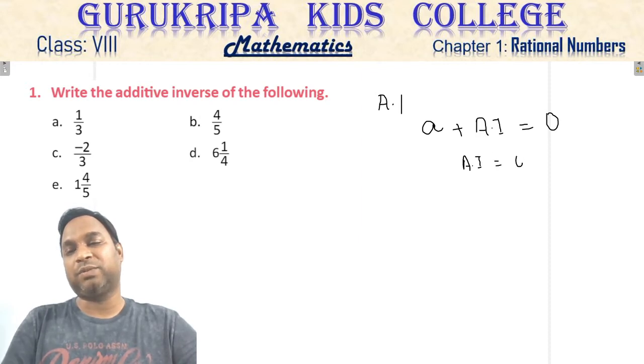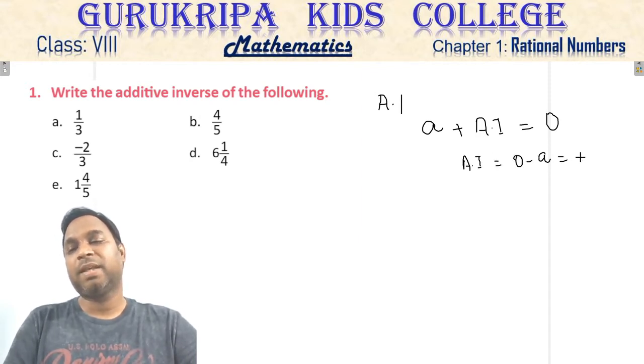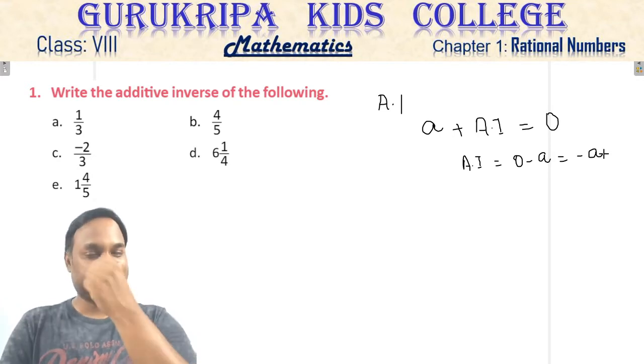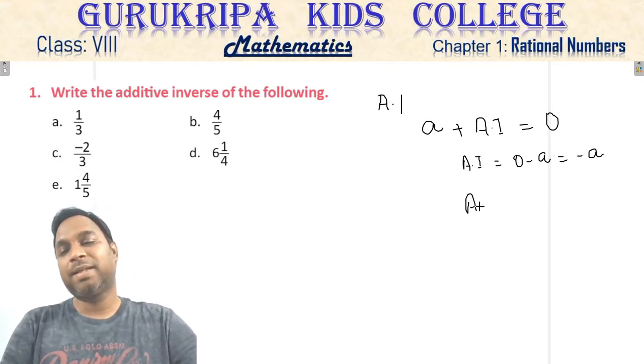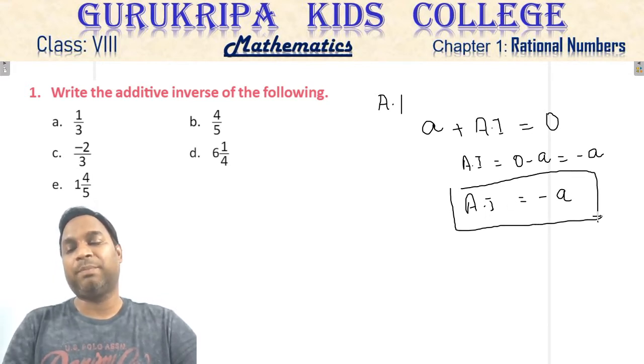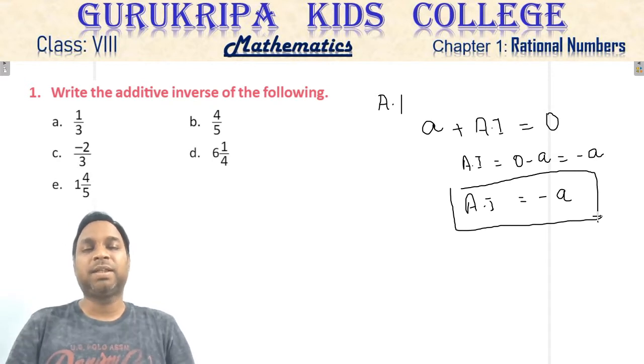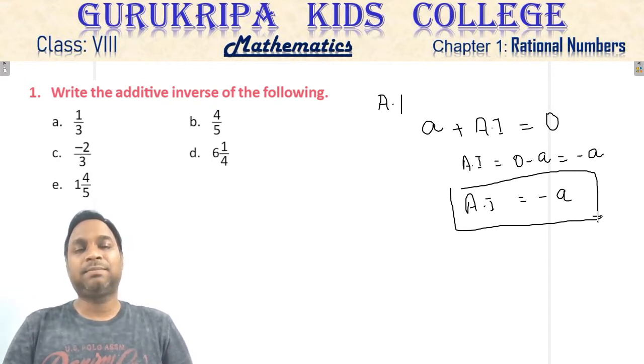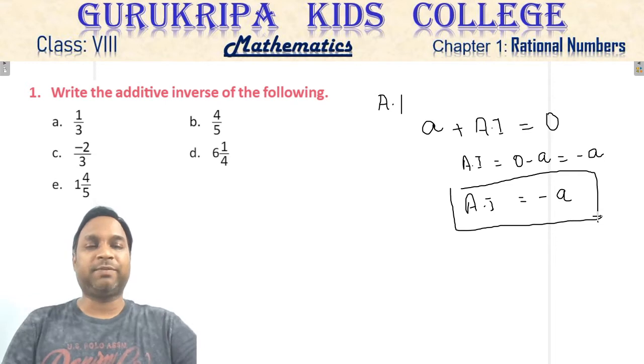Additive inverse is equal to 0 minus A, which is equal to minus A. What does it mean? Additive inverse of any number is the negative of that number. If you add a number to its additive inverse, what result do you obtain? 0.